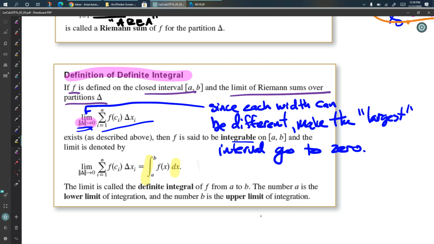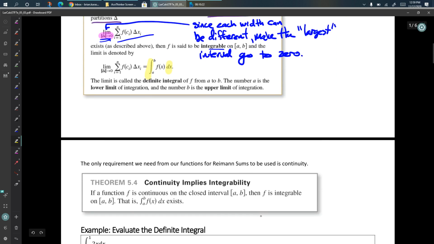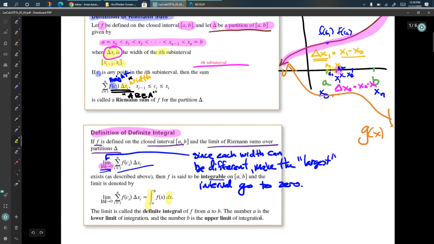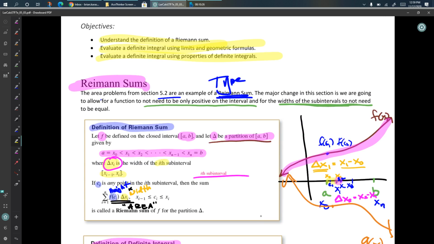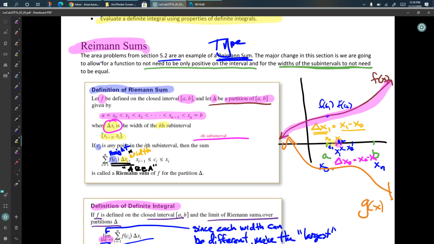Okay. All right, so what I'm working with here is the idea from last section, area under a function. We're making it more powerful by saying the function doesn't have to be just simply positive on an interval. It can be positive or negative. We're still doing the same thing. We're chopping up the x-axis.